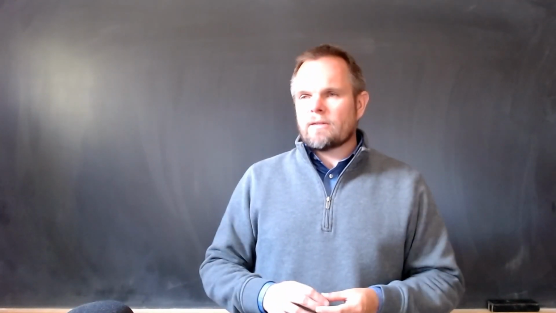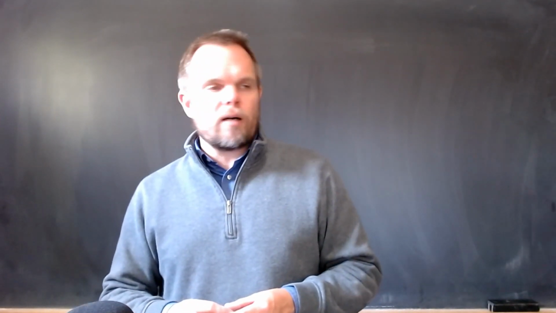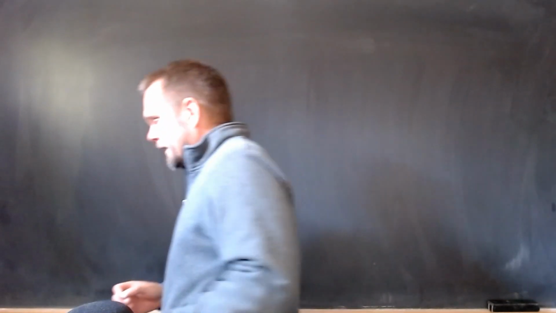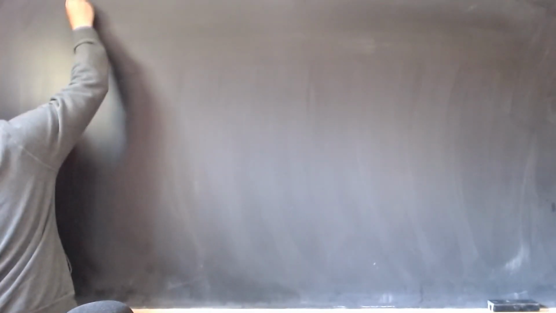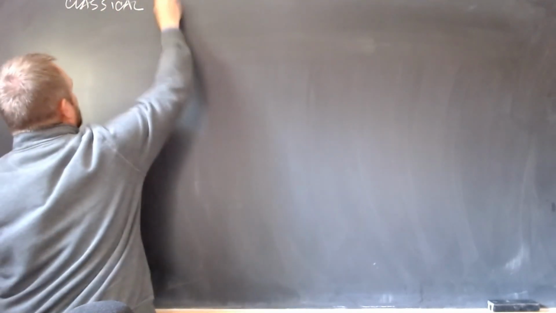Before we get started with our lesson, let's take time and prepare our notes. So at the top of your page, put your name and the date. And then the name of this course is Classical Grammar.